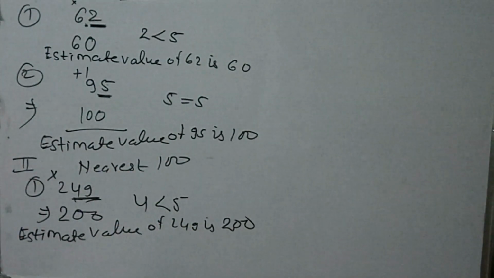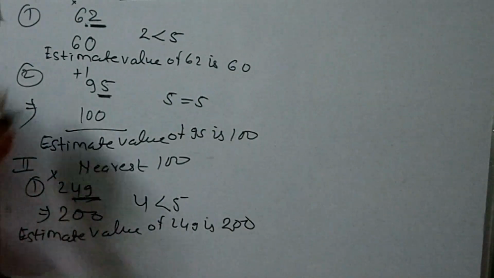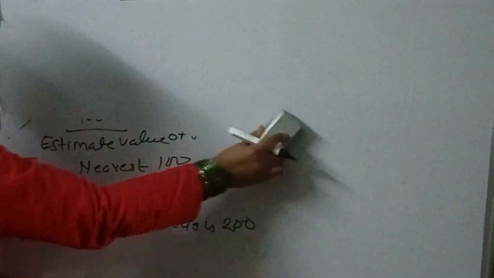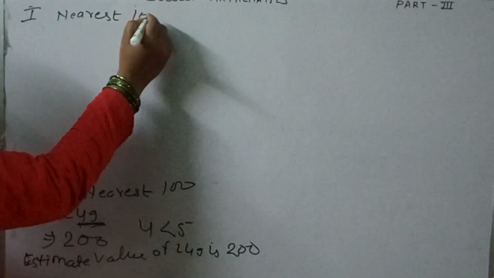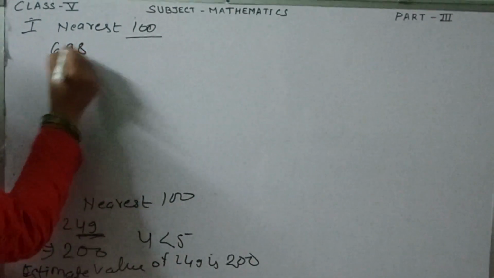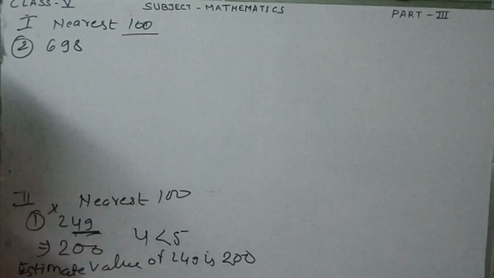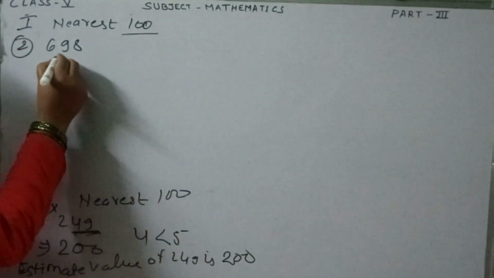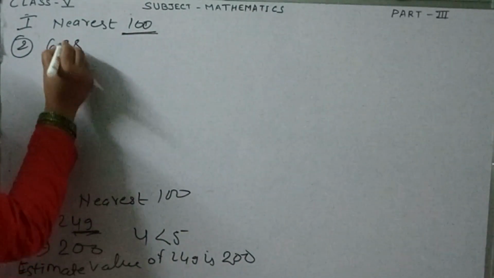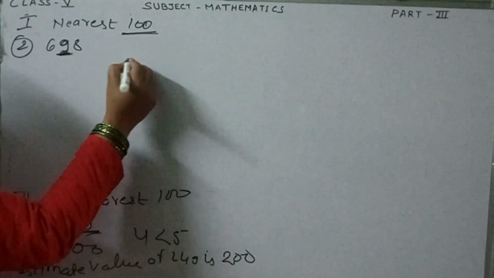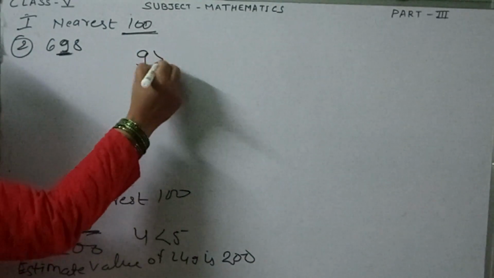Okay. One more example I will take from your book. Next one is 698. Question number 2, 698. In case of 100, I told you have to compare the tens digit with 5. Here, 9 is greater than 5.